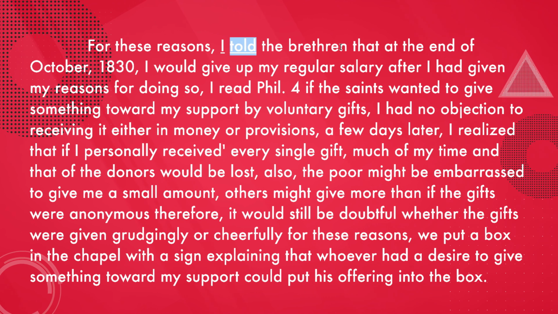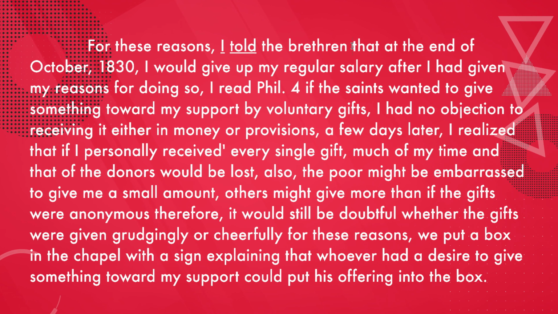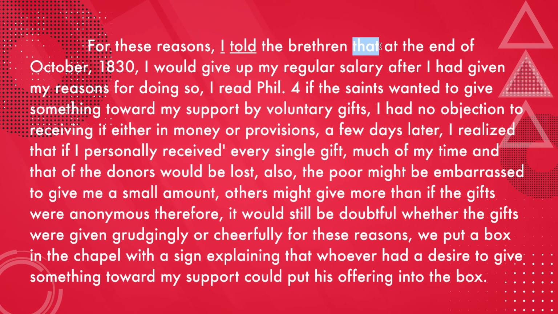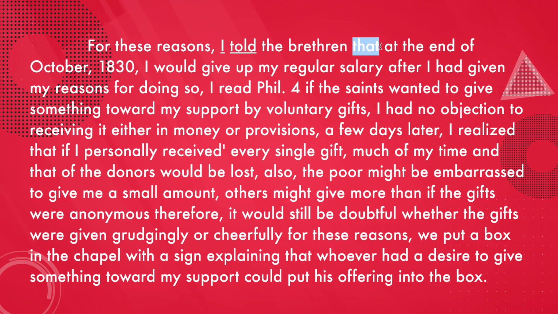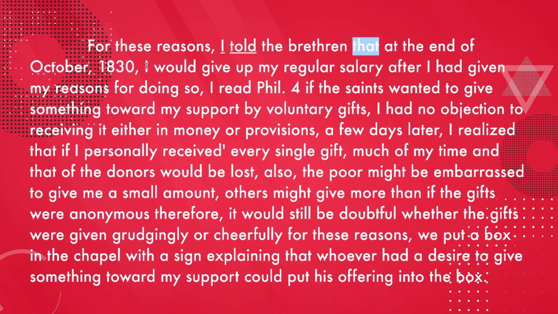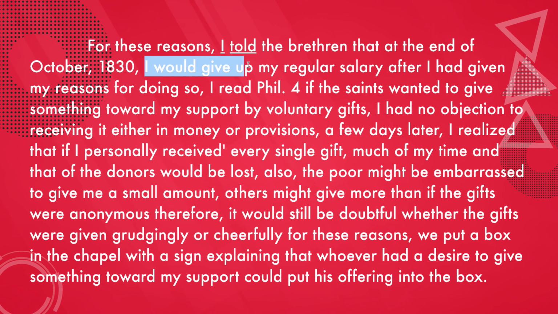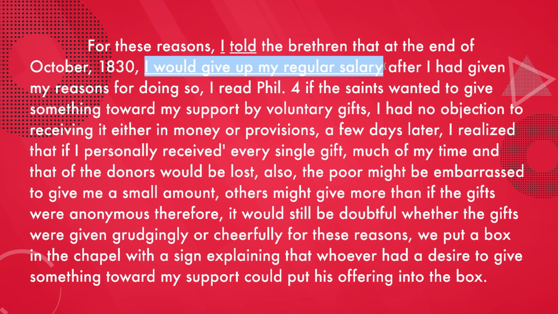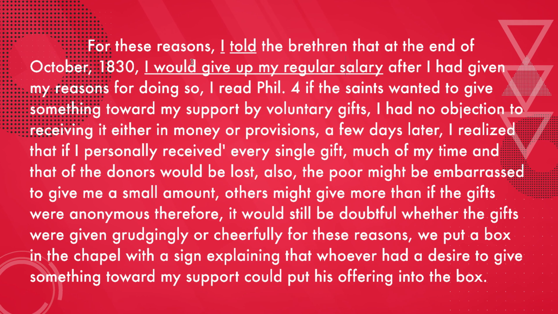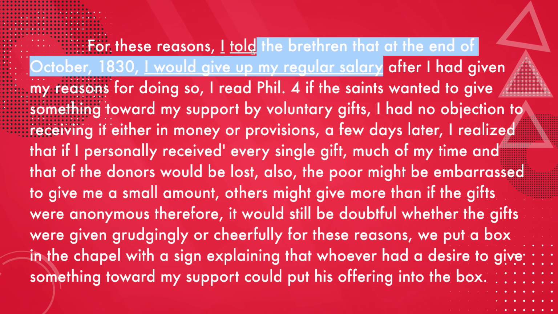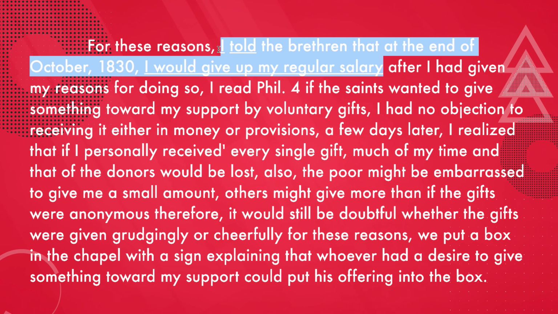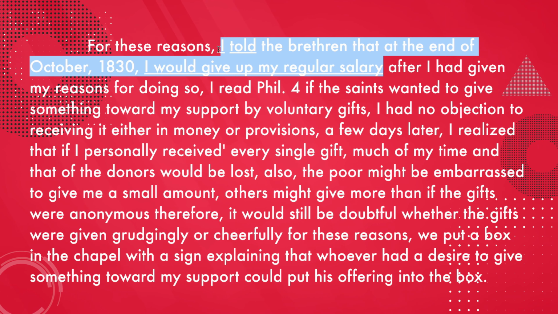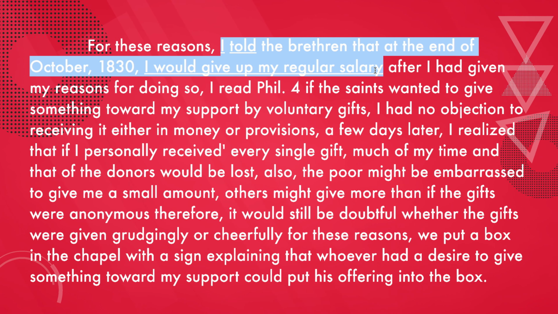The brethren what? What did he tell the brethren? That. So you have here a noun clause: that I would give up my regular salary. Okay, so this part right here is so far one sentence.